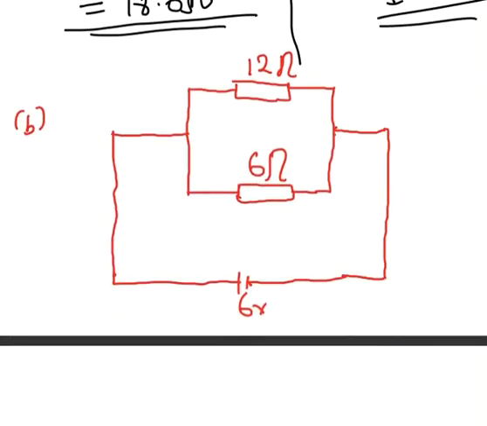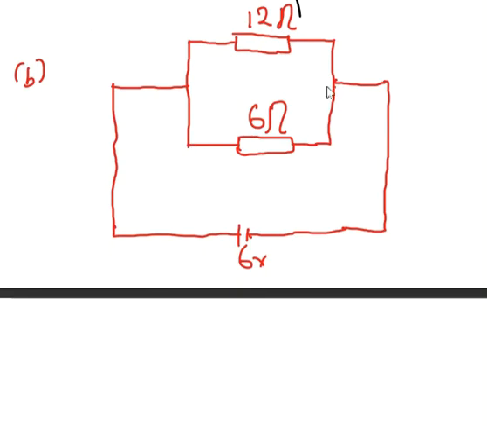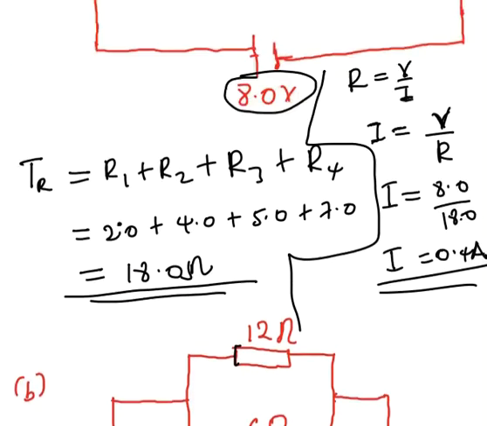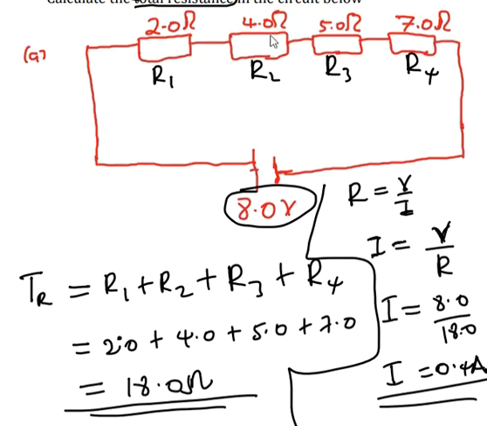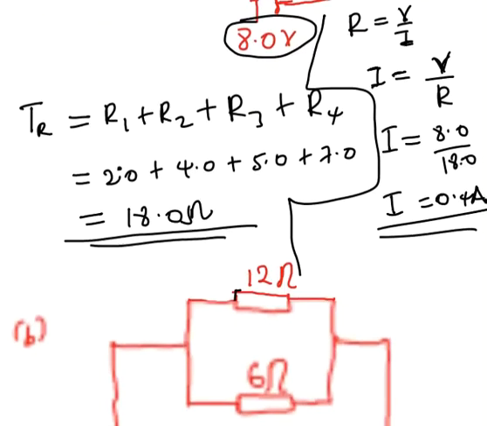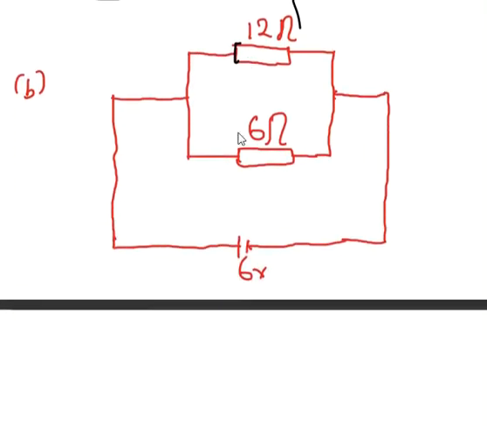Next example, tili ndi this circuit. So mukuonetsetsa circuit B nditi resistance uyu ndi resistance uyu ali in parallel, ndeti zikusiyana ndi first circuit. Iyi ma resistors anali mu series, pamene this circuit ma resistors ali mu parallel.